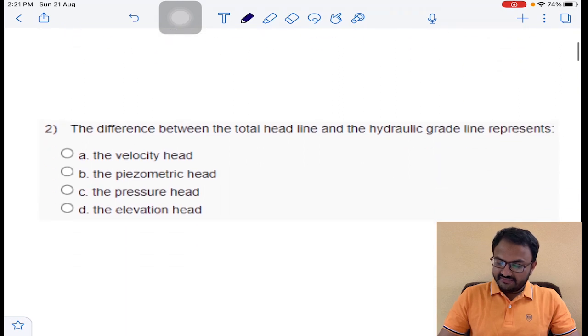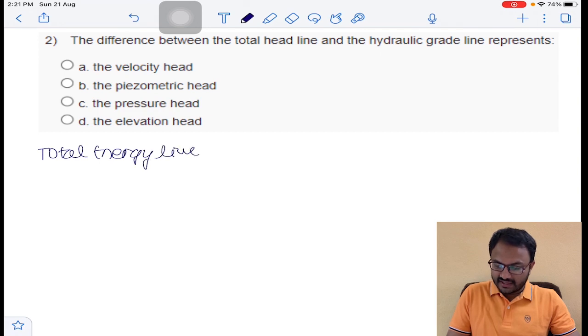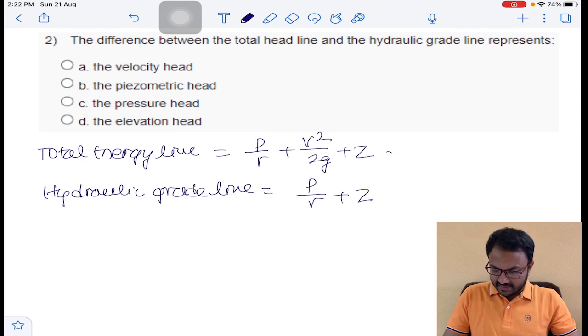Next question. The difference between total head line and hydraulic gradient line represents. Generally total energy line or total head line is equal to P by gamma plus V square by 2g plus Z, and hydraulic grade line is equal to P by gamma plus Z. So in this difference, the remaining term is V square by 2g.